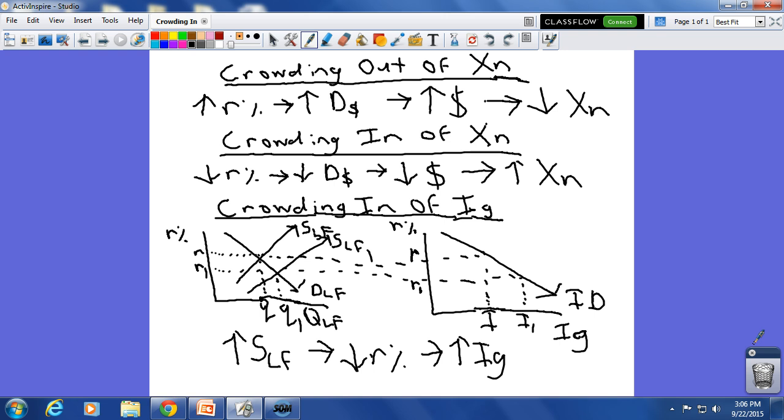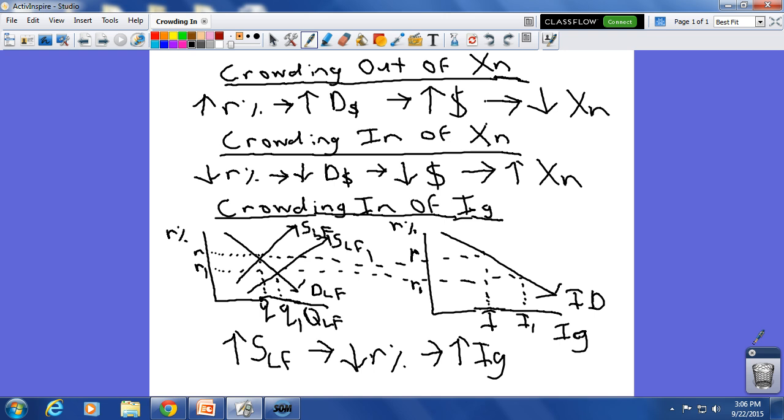In order to buy those assets, they have to buy dollars. They have to demand dollars. And they want to buy these assets because the real return on them is more, because the real interest rate went up. So an increase in the real interest rate implies an increase in the demand for the dollar in this case.